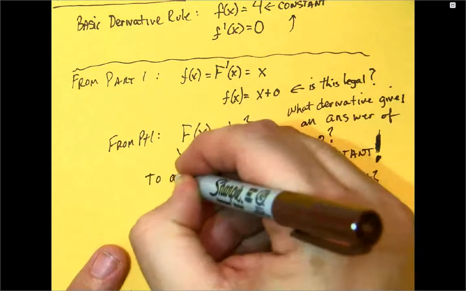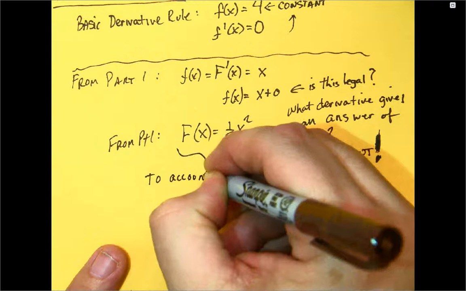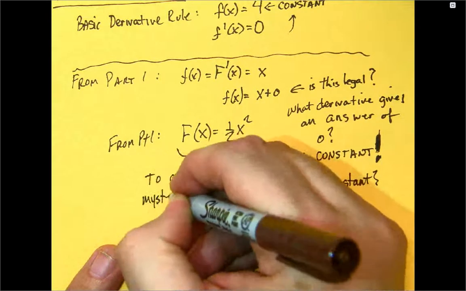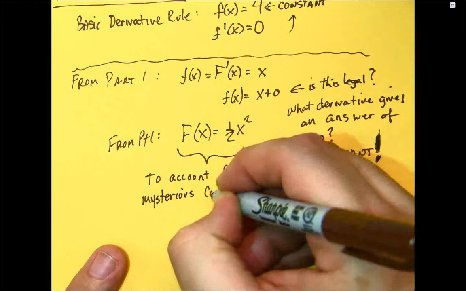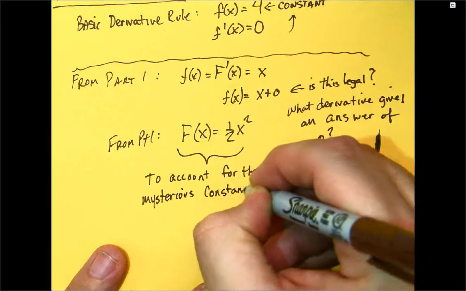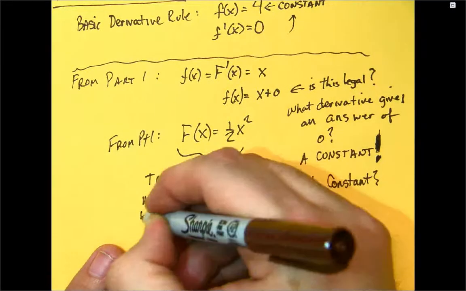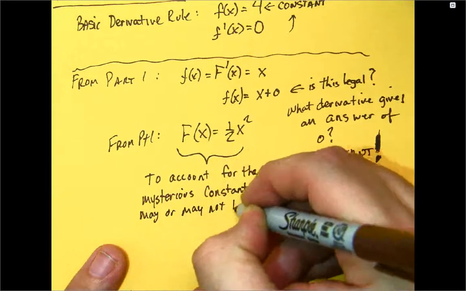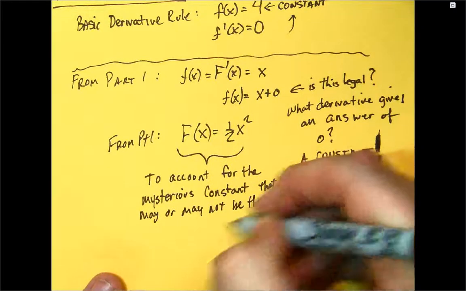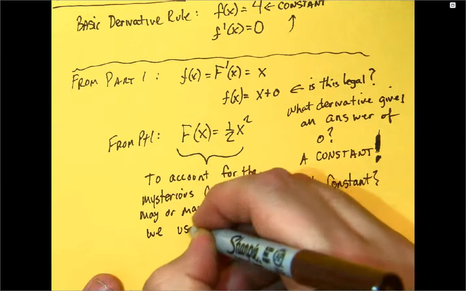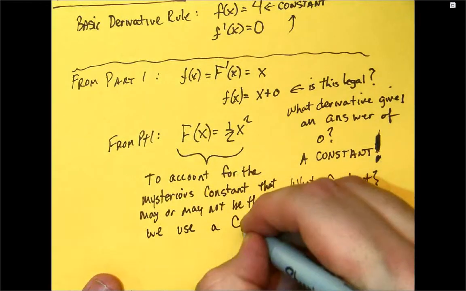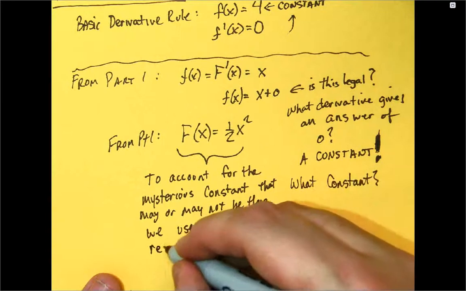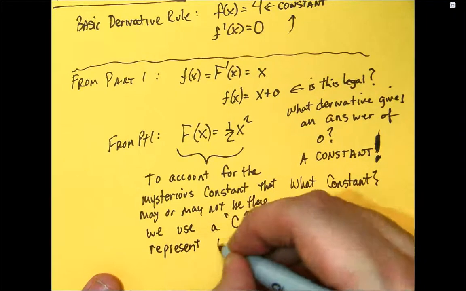To account for the mysterious constant value that may or may not be there, we use a C to represent the mystery constant.